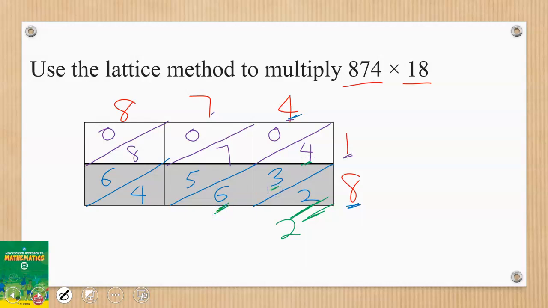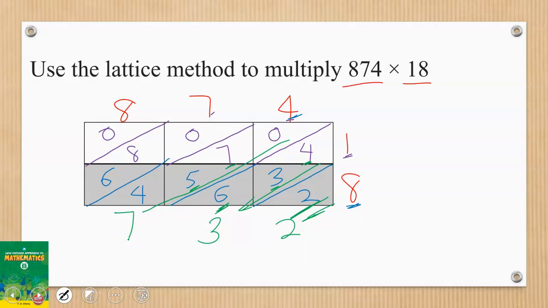We add diagonally. So when we add 6 plus 4 plus 3, that will give us 13. So we put 3 here, remainder 1. Then the remainder 1, we bring to the next diagonal: 1 plus 7 will give us 8. 8 plus 5 will give us 13, plus 4, 17. So we put 7 down.